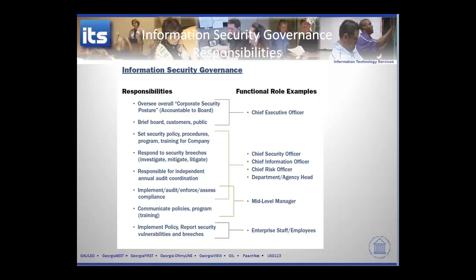Your middle-level managers, they've got to do that enforcement as well. And they have to communicate the policy and the program and the training to all of their employees that are working with them. And then finally, all of your staff and employees, they have to actually implement it. Okay, they have to actually do it, and then they have to report. And we talked about in that reporting being able to detect what's normal and what's abnormal and bringing it all back together.